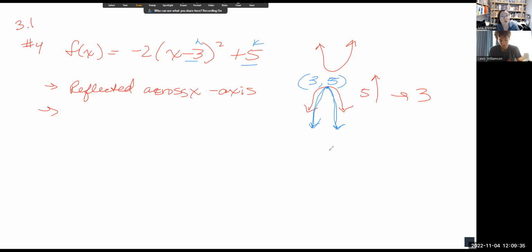If you were asked for what's the maximum value of the function, how would you answer the question? You'd have the y coordinate. If they just ask for the maximum value, it's just 5. Do you understand?